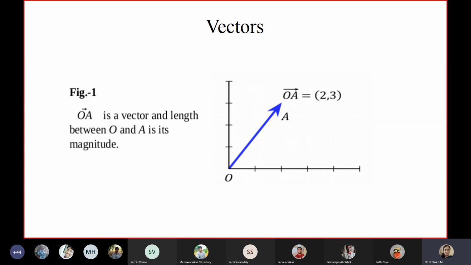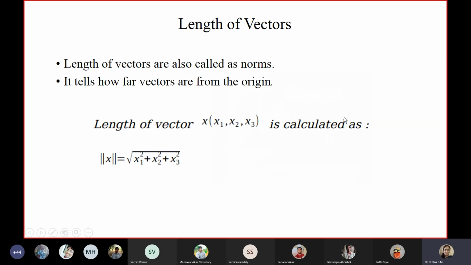Vectors, you know, vectors are the data points. Here what you see, OA is the vector, and this shows the data points. The length between O and A is its magnitude, A. So how is the length of a vector calculated?